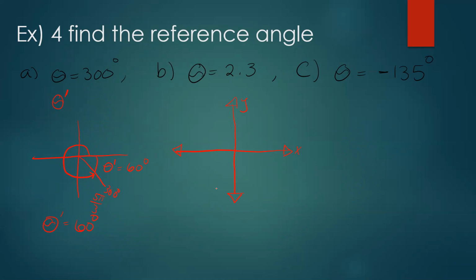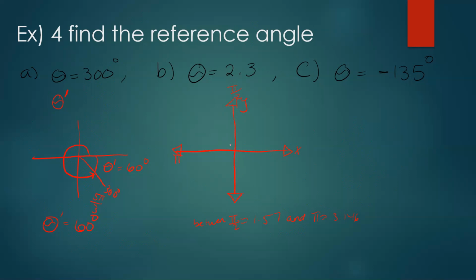It's between pi over 2, because if you put pi over 2 in the calculator, you would get 1.57, and pi, because if you put that in the calculator, it's about 3.14. So it's between pi over 2 and pi. Remember, pi over 2 is right here, and pi is right here.